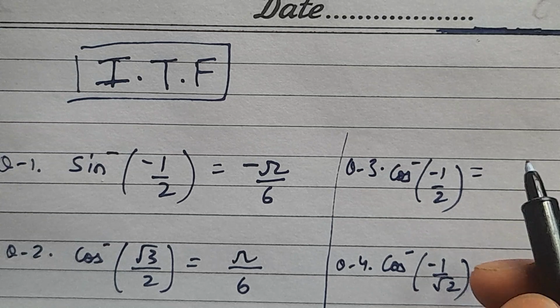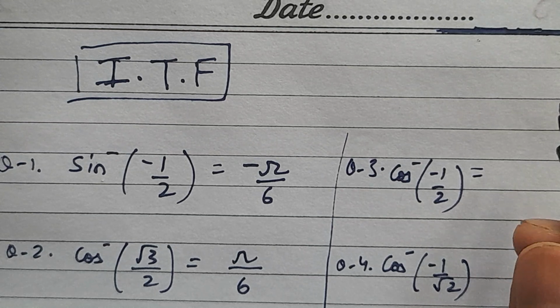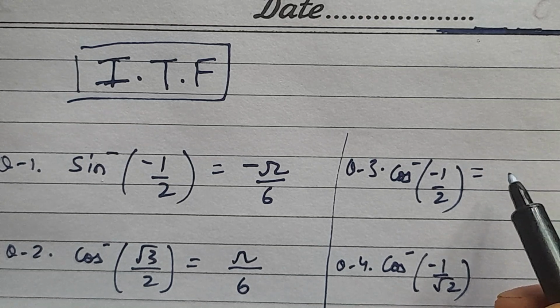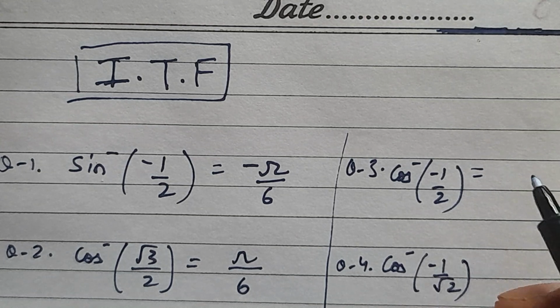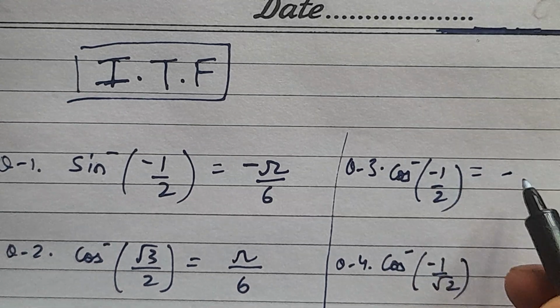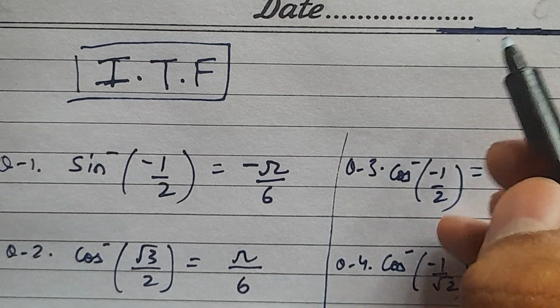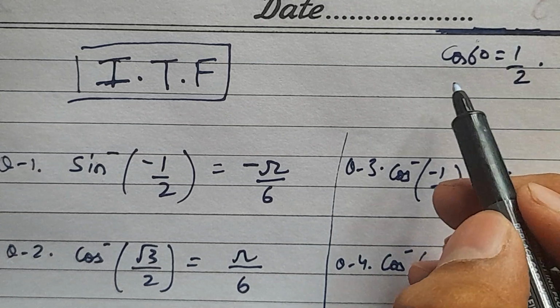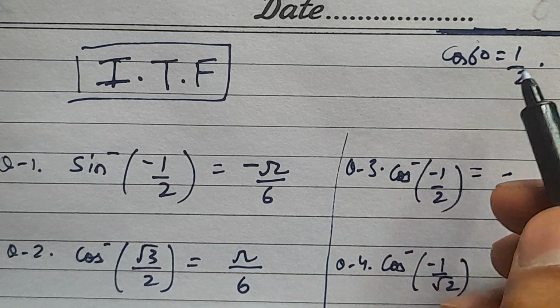Similarly, cos inverse minus 1 by 2. So we can't take the fourth quadrant, because in the fourth quadrant cos is positive. So in the second quadrant, cos value is negative. So cos inverse 1 by 2 will be cos 60. So for cos inverse minus 1 by 2, cos 60 is 1 by 2, and if we subtract it from 180 degrees, it will be in the second quadrant.